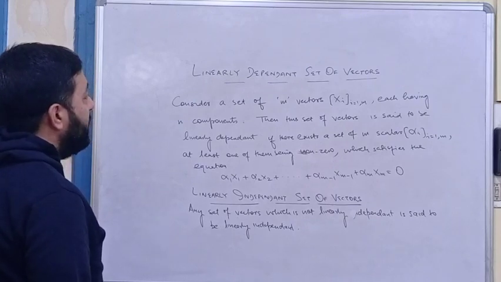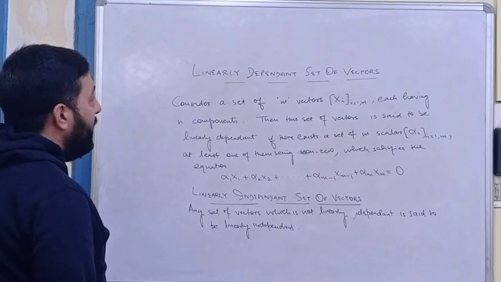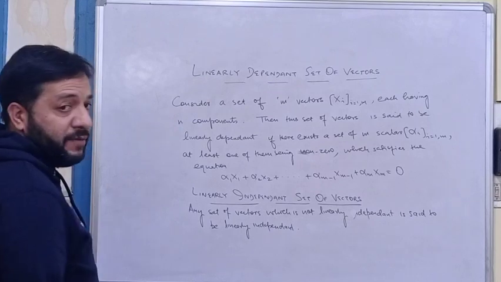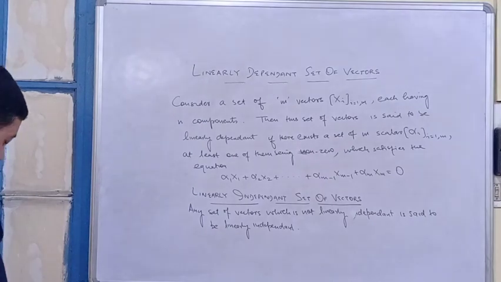if there exists a set of m scalars alpha i, i running from 1 to m, which satisfies this equation, but with all alphas equal to 0. Yes.